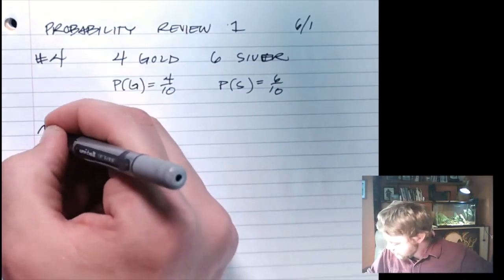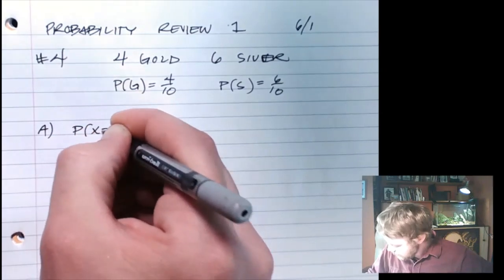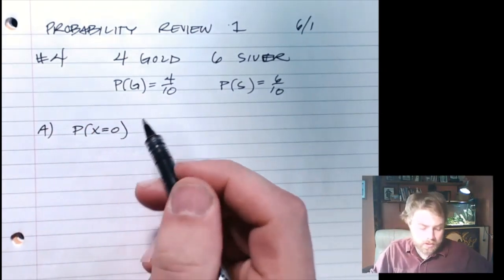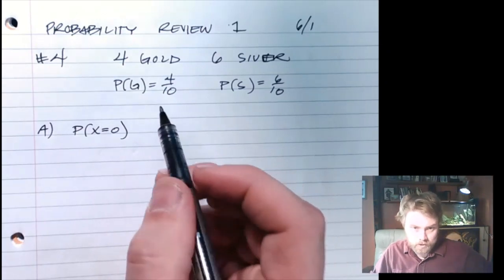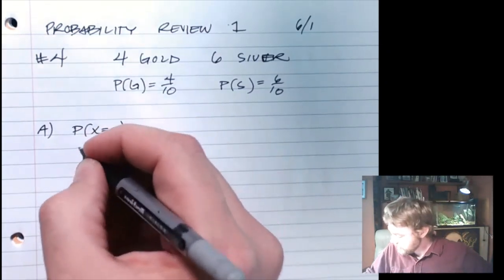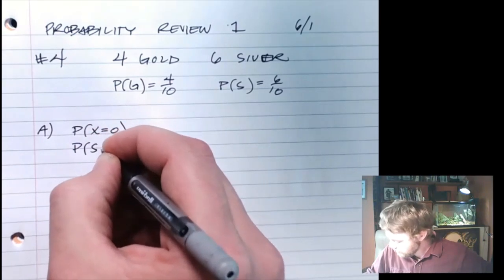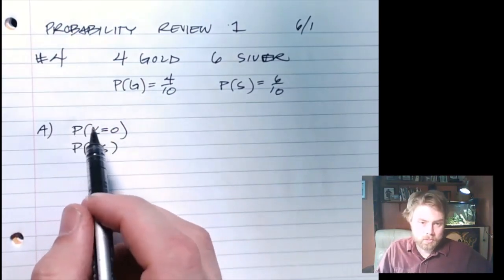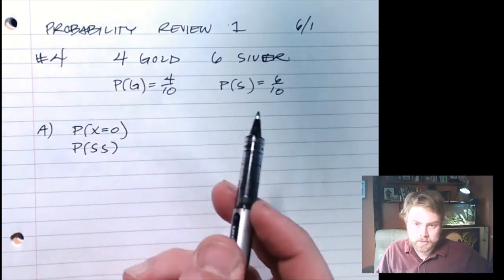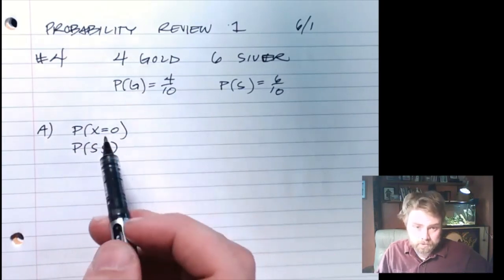Part A says probability x equals 0, which is code, since we're describing x as the number of gold that you're drawing. And you say, well, no gold, that's the same as probability, say, silver. So in algebra 2 you probably wrote it like this, and now we're just assigning x to represent how many gold are drawn.